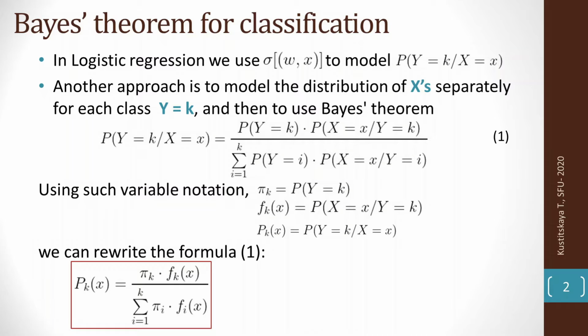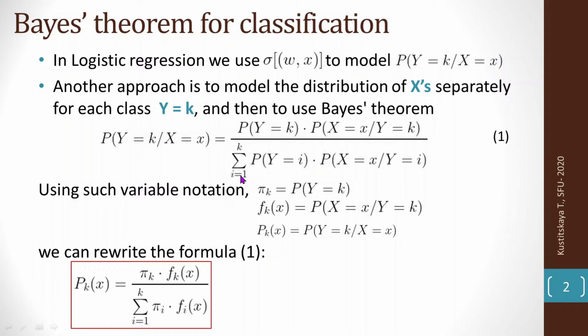In other words, this is a density function for X in the kth class for a discrete random variable. But if X is continuous, it would correspond to the probability of X falling in a small region around x.